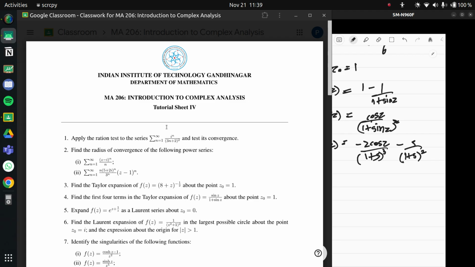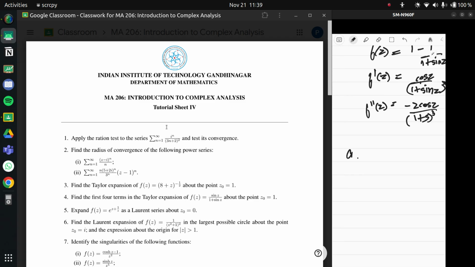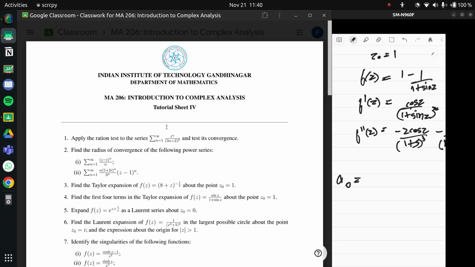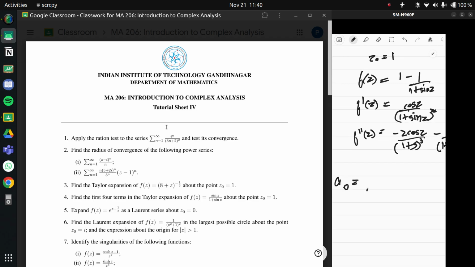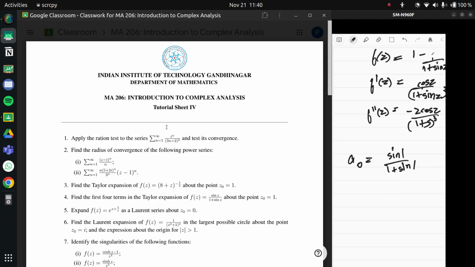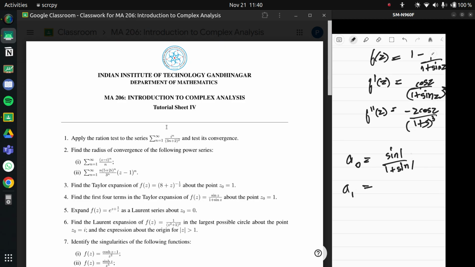What are these values going to be? So you just have a sub 0 equal to whatever f is, so it's just sine 1 upon 1 plus sine 1, putting 1 minus 1 directly. We just have a1. We don't know what this value is, but it's something.